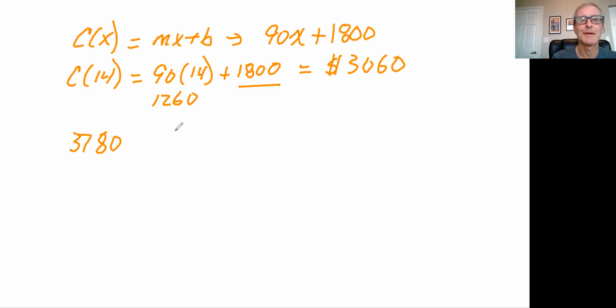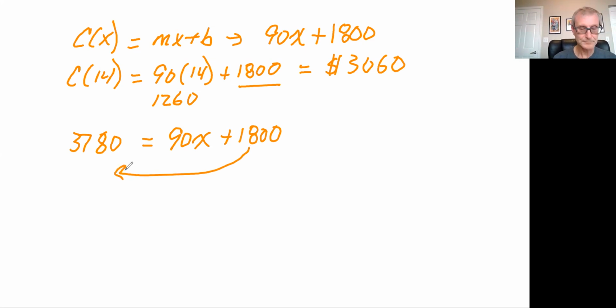$3,780 a day? Again, we just solve it the other way now. We have 90x plus 1,800. If you're asked that question, we take the 1,800 to the other side, which gives us 1,980, and that would be 90x.